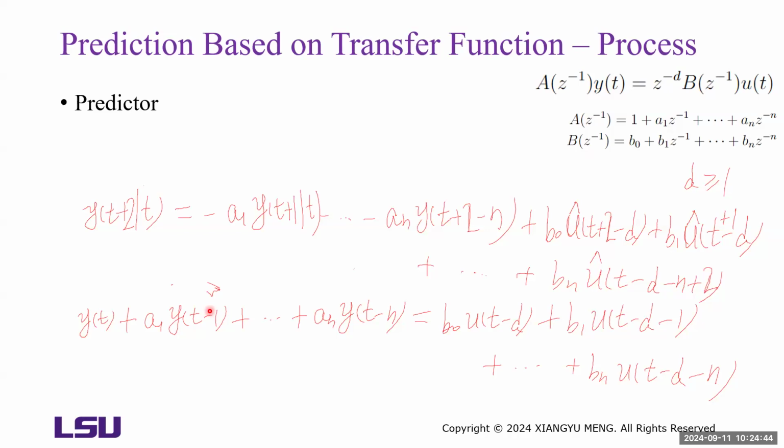This is the formula we are going to use to predict y(t+2). You can see from here that to predict y(t+2), we need both the future output and the past output. We may use the future inputs and the past inputs as well.